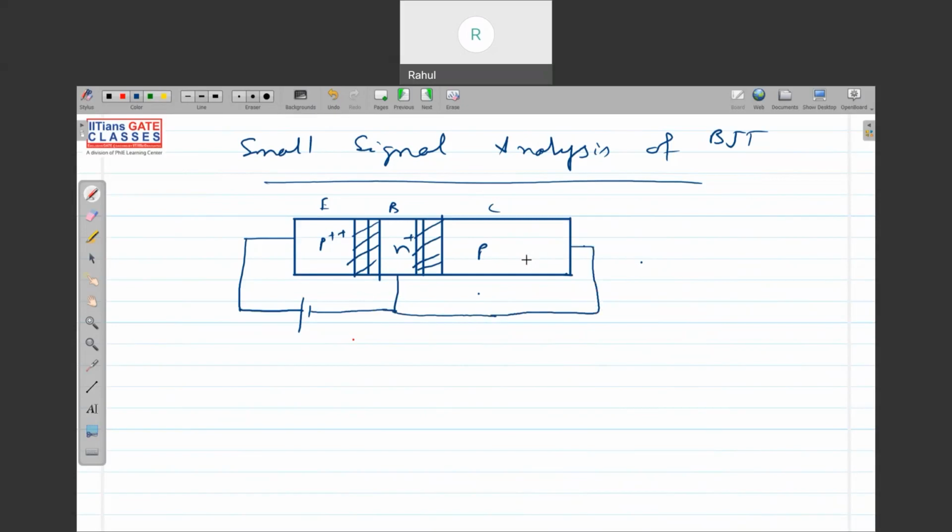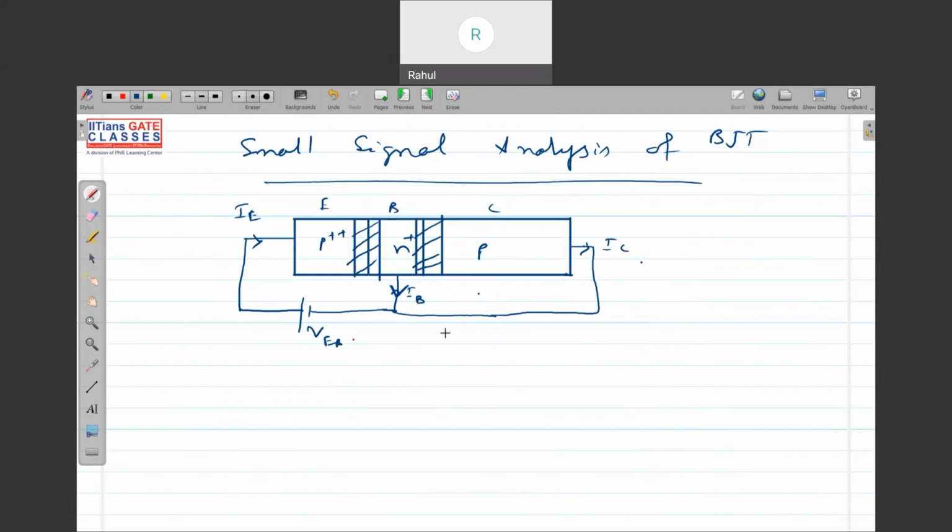That is nothing but transistor action. So if I apply an EB, there is going to be a current called the emitter current, then my base current, and this is my collector current.